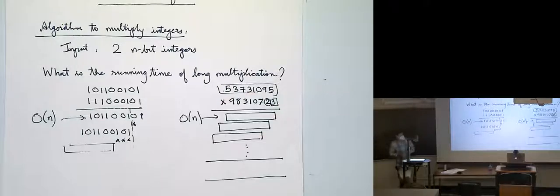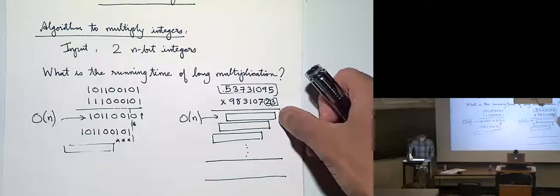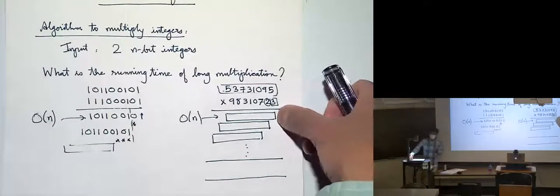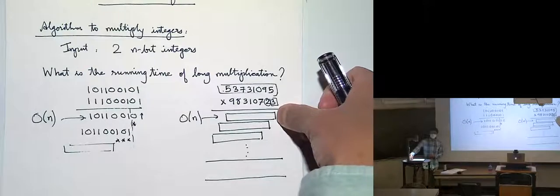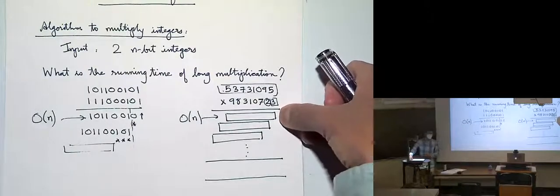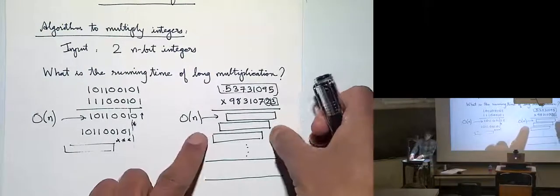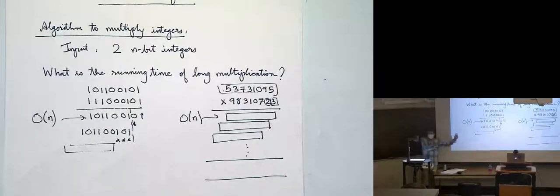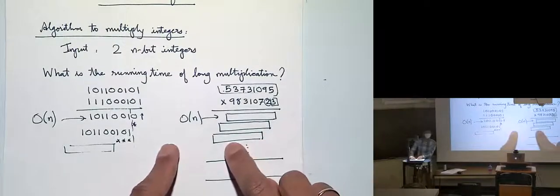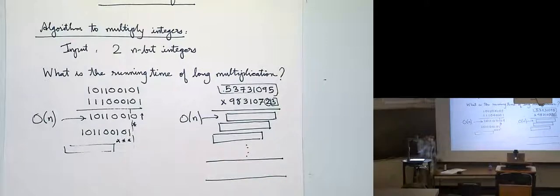What about adding it all up? So now what do you finally have to add? There are n potentially integers, each of which has a length of O of n, because technically as you shift, it's moving, but it's only going to shift by at most n positions. So you're adding n integers with n bits, or n integers with n digits.